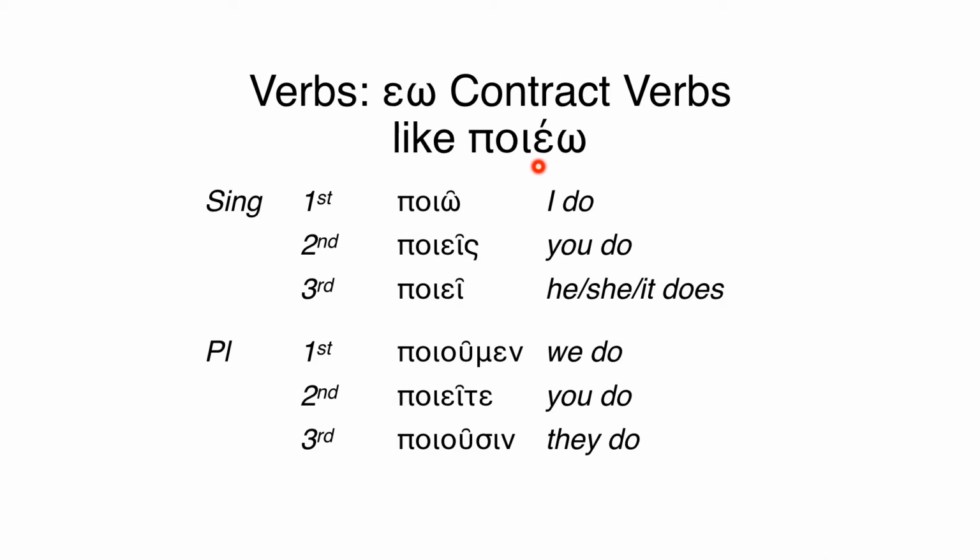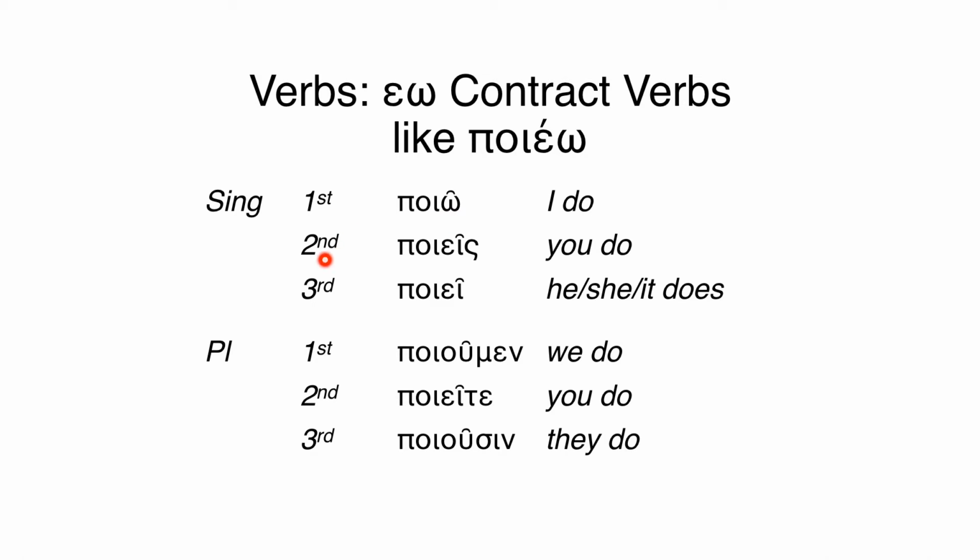The present active indicative first person singular verb of poieo is poio or pio. Now what happens here is the epsilon is contracting with the normal omega ending, such as we see with luo, but we see this circumflex accent over the top, and that indicates that a contraction has taken place.